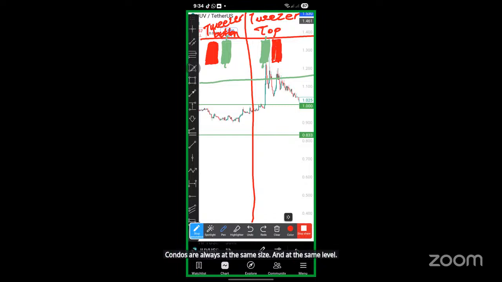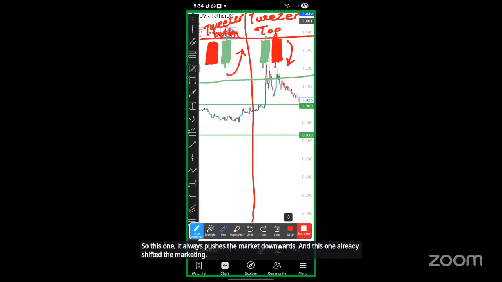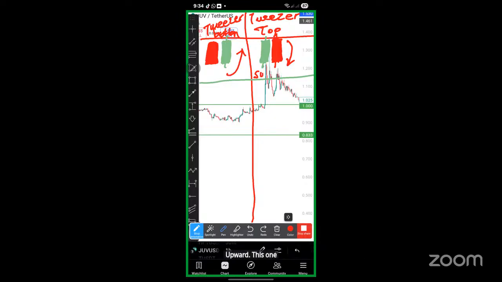Same size, same level. Okay, so this one always pushes the market downwards, and this one always shifts the market upward. This one, you always find it at the supply zone. And this one, you find it at the demand zone.